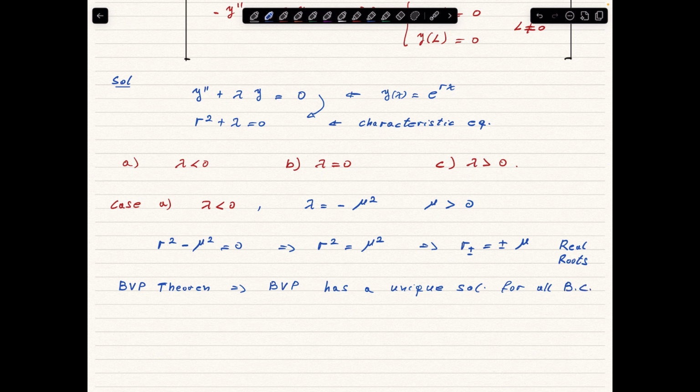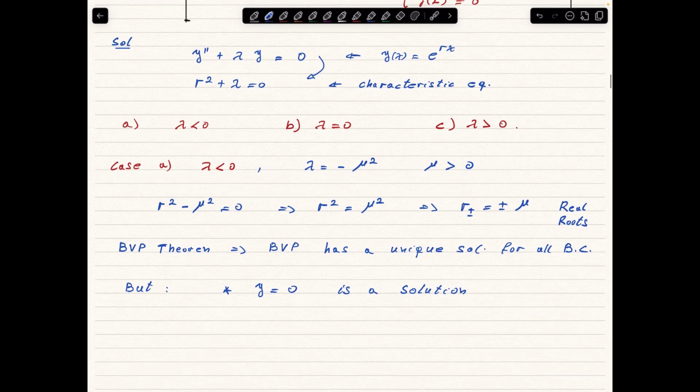Okay, but we already know that the function y equals 0 is also a solution. You put 0 everywhere and it's going to solve the equation and the boundary conditions. So it is a solution. Now the theorem says the solution is unique.